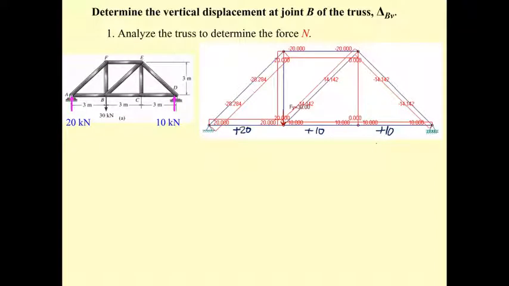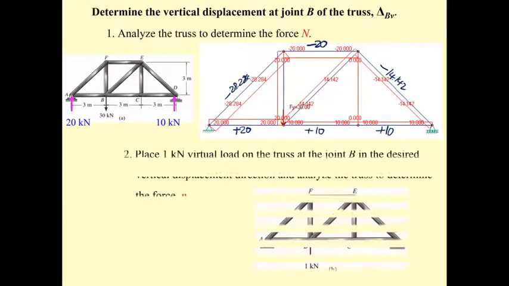You got to separate between tension and compression. On the top, this one is minus 20, this one is minus 28.284. The plus is tension and the minus is compression. Everything you got to indicate, review it.